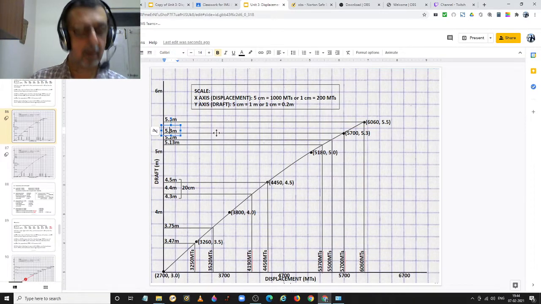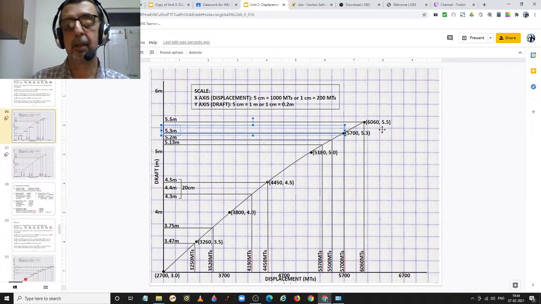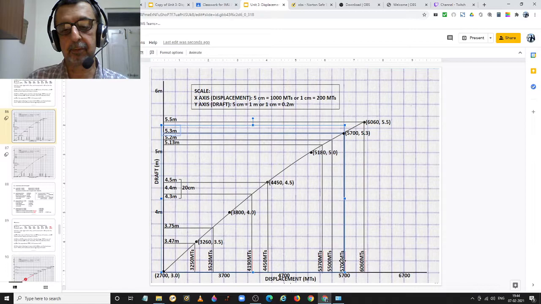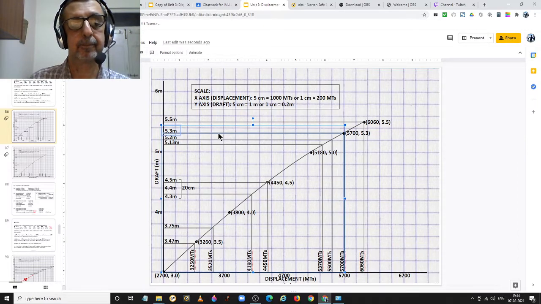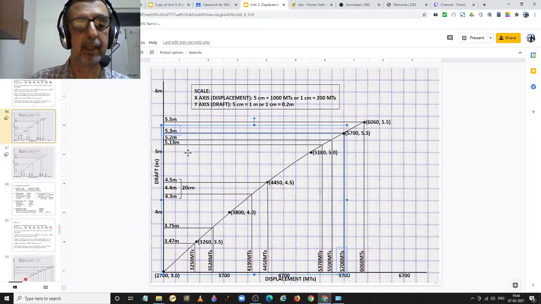At 5.3 meter draft, we take the horizontal on the y-axis meeting the displacement curve, and from there we drop the vertical down to the x-axis and we see that the displacement is 5700 metric tons.